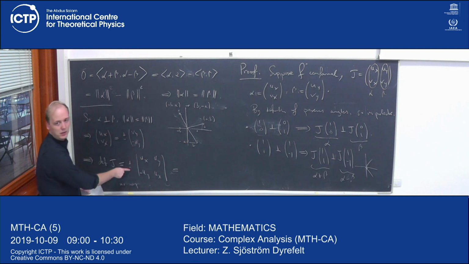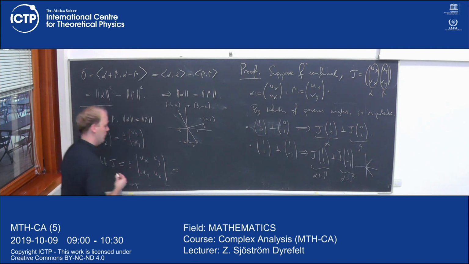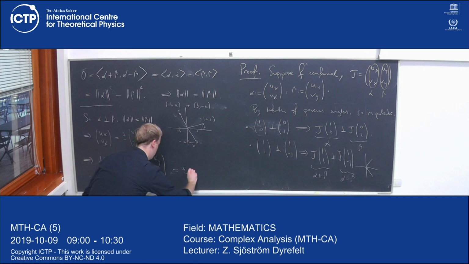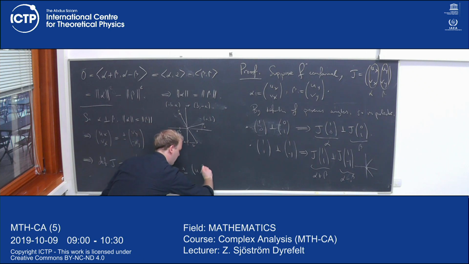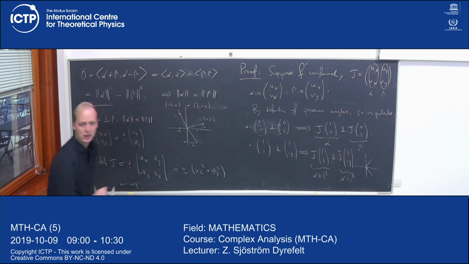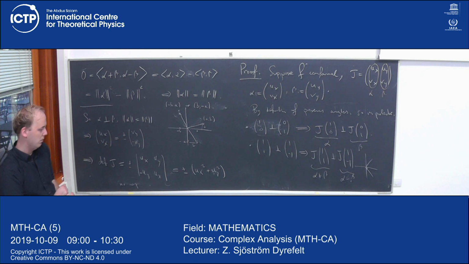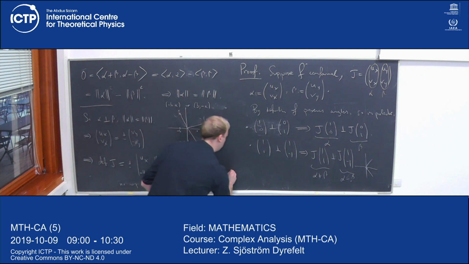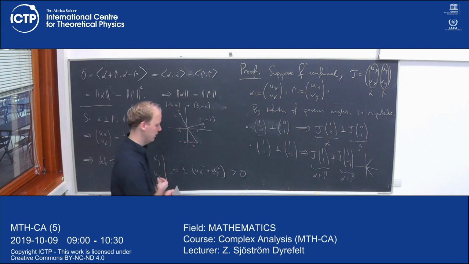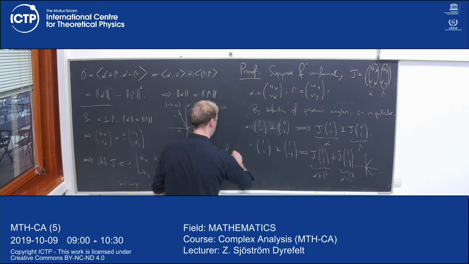And the plus minus here, you can see that it checks out. So this is equal to plus minus u_x squared plus u_y squared. But this has to be positive because f is conformal.